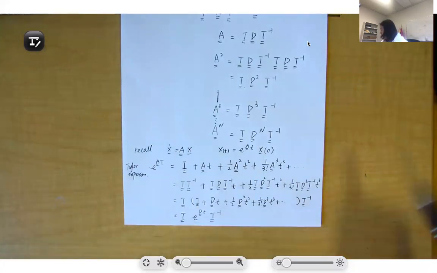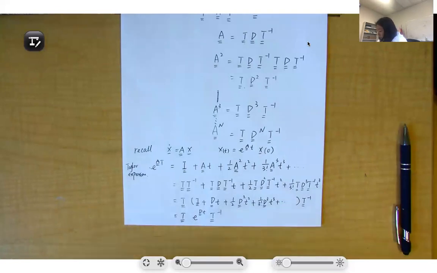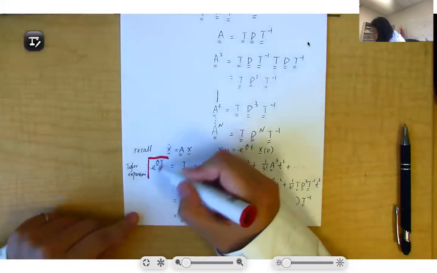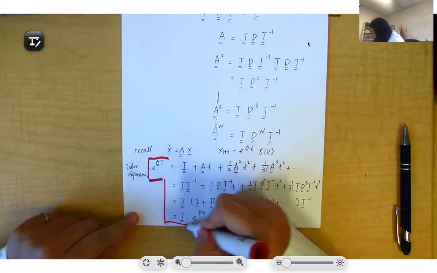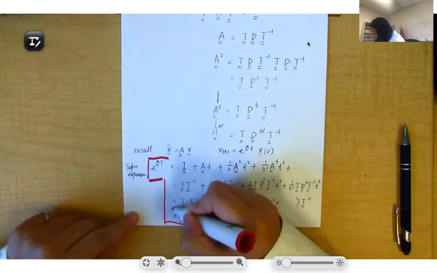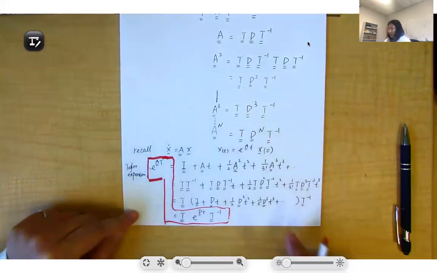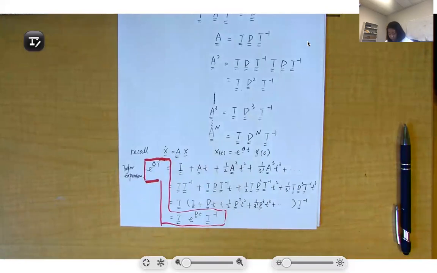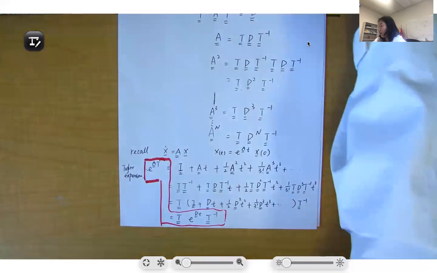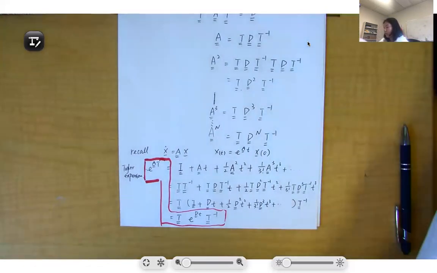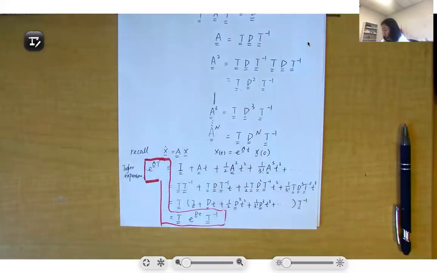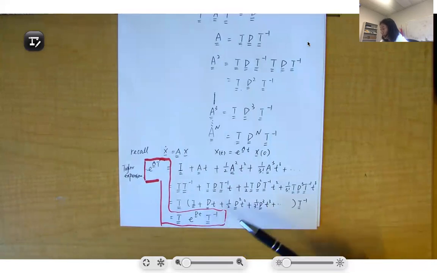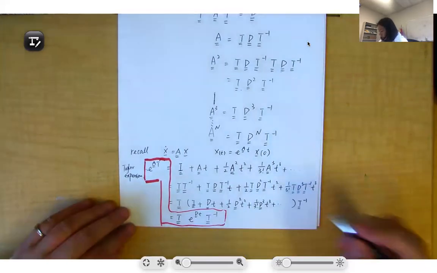Okay, this is very important. Very important. So e to the A t will be equal to T times e to the D t times T inverse. Very important to decouple the dynamics into uncoupled dynamics. Important.